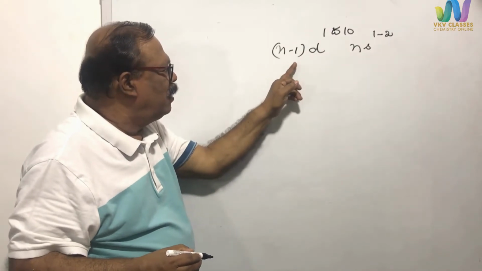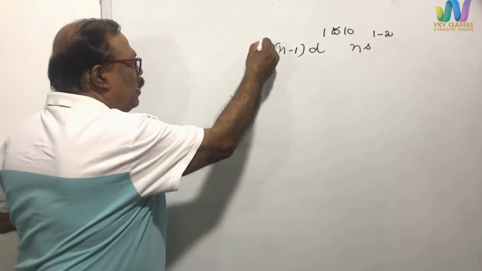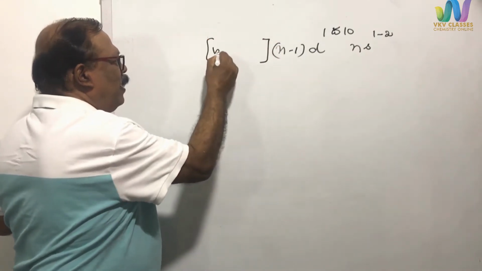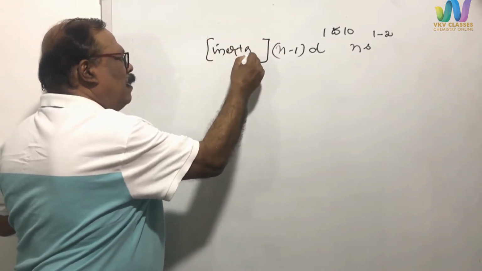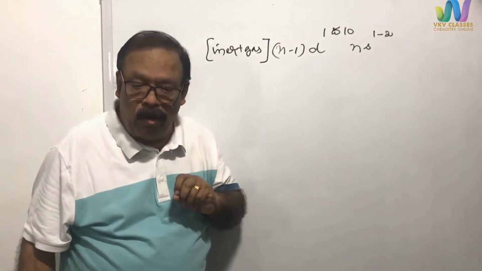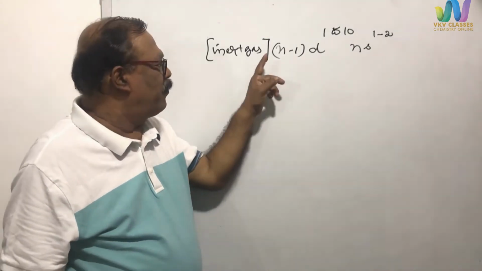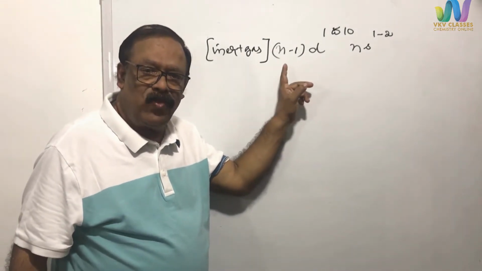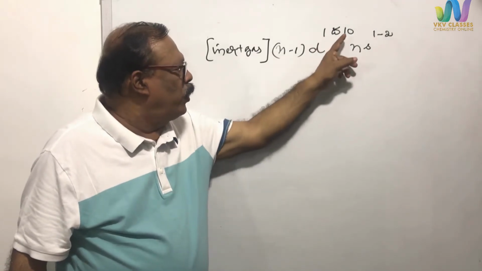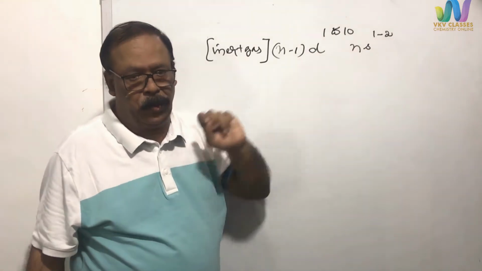This is the penultimate shell, and before this we have an inert gas. So this is the general electronic configuration of a d block element: inert gas, then (n-1)d 1 to 10, ns 1 or 2.